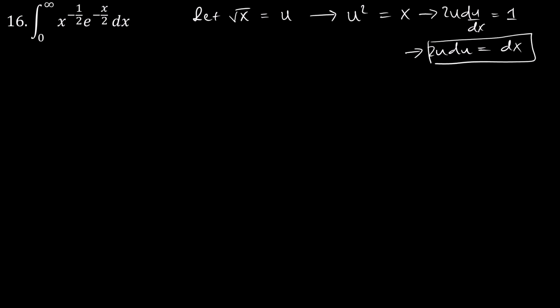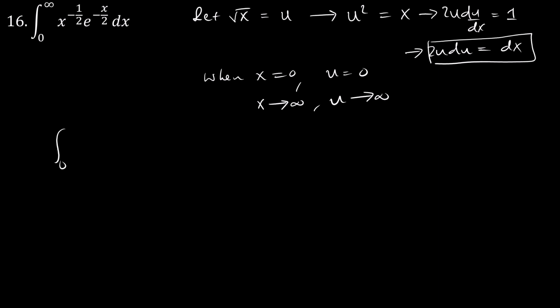And so when x equals 0, u would be equal to 0, and as x tends to infinity, u would also tend to infinity.